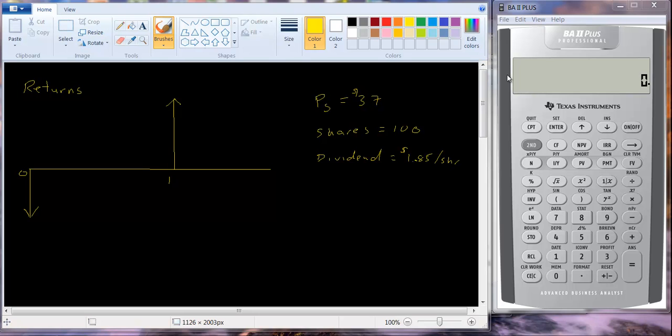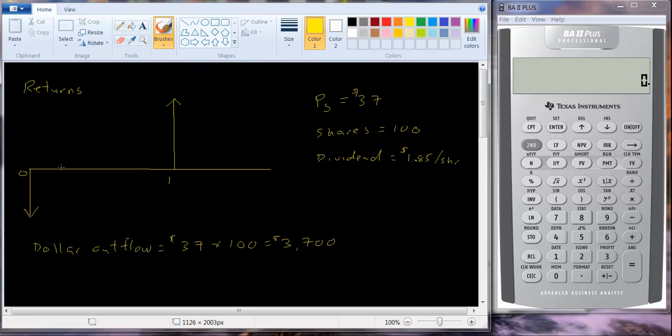Then the cash outflow, or let's say the dollar outflow, will be equal to $37 times 100 shares, which is going to equal $3,700.